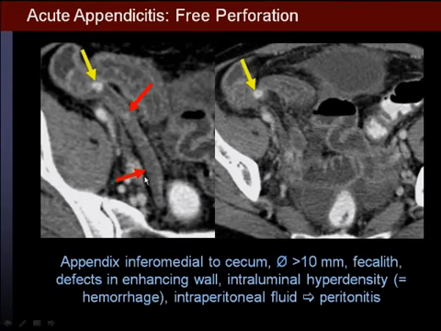That means, after IV contrast administration, we have ischemia partly in the wall. We have even intraluminal hyperdensities corresponding to intraluminal hemorrhage because there is ischemia of the wall, because the wall is distended. And the most important is that we can recognize intraperitoneal fluid indicating peritonitis, and this occurs, of course, only after perforation.